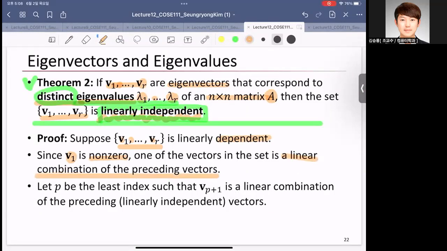We already talked about this in previous lectures: if a set of vectors is linearly dependent, one of the vectors can be a linear combination of the preceding vectors. In this case, let p be the least index such that v(p+1) is a linear combination of the preceding linearly independent vectors.